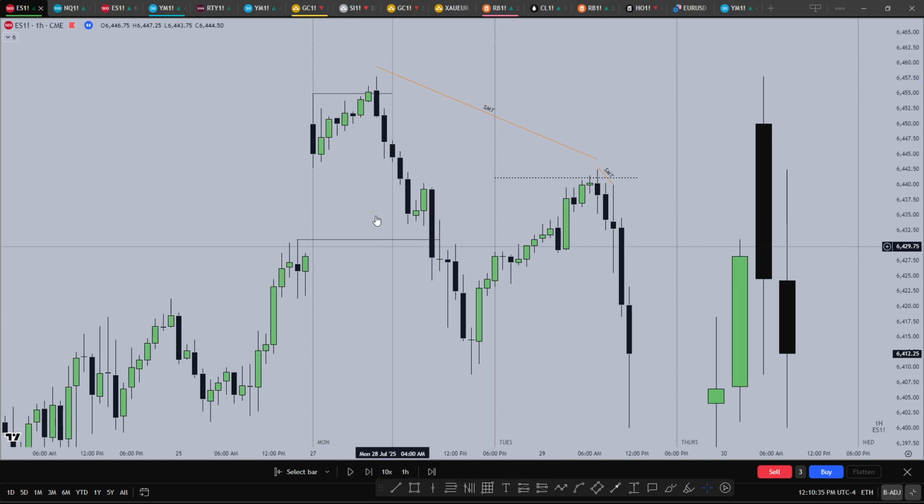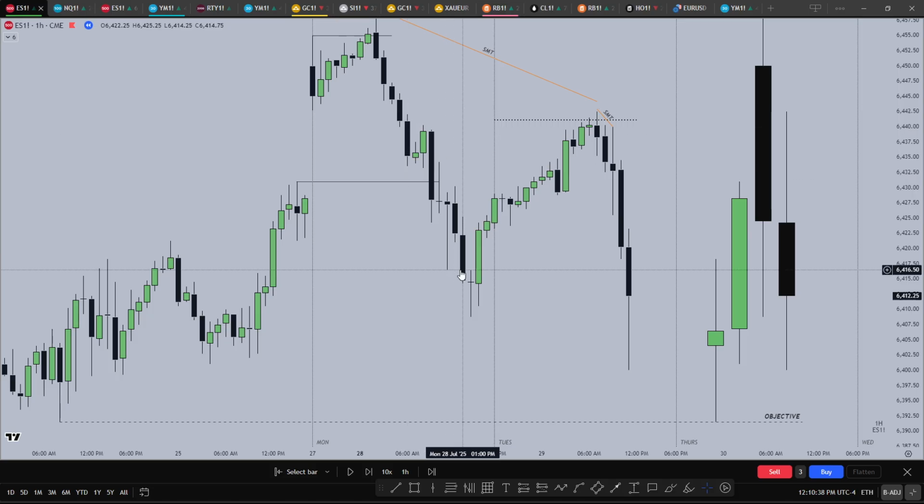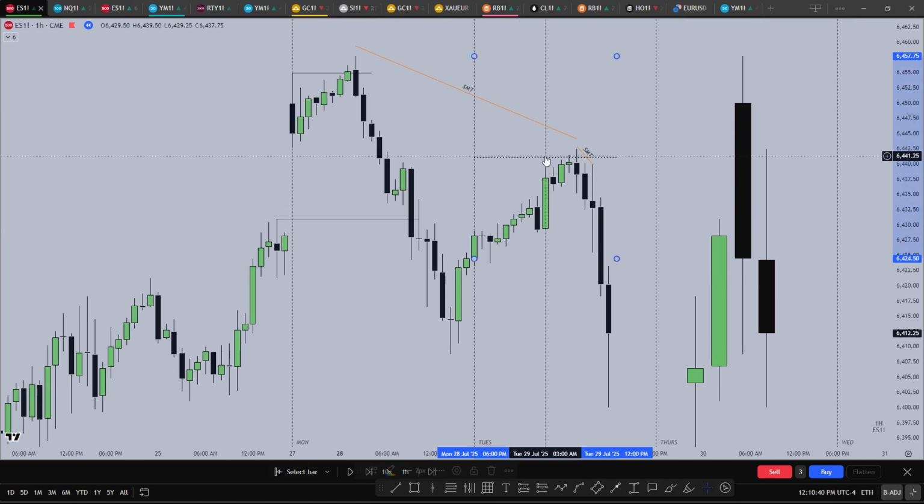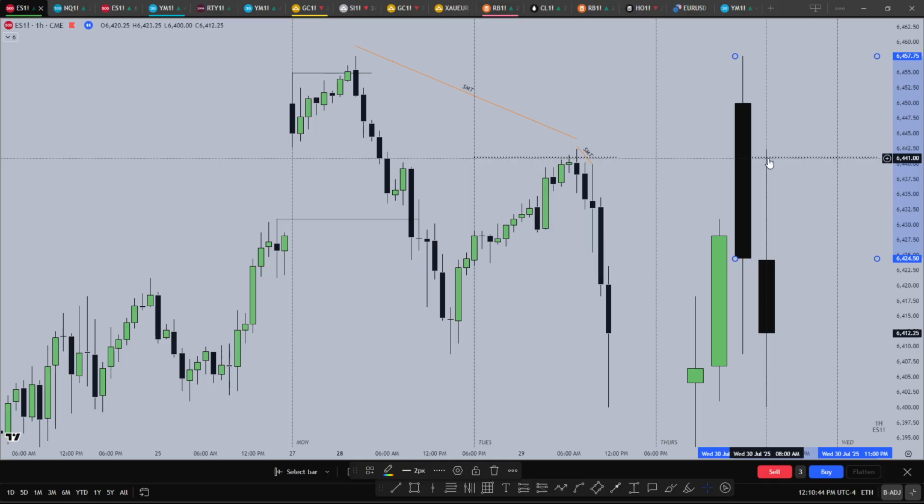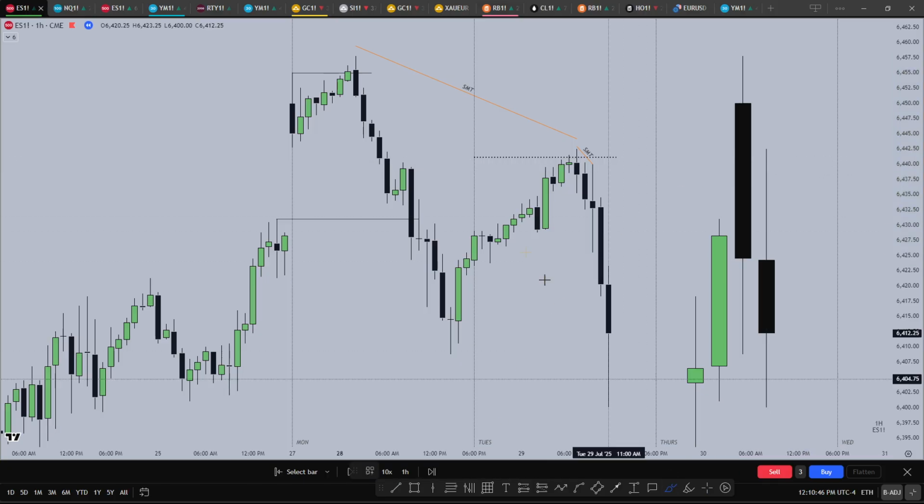I could assume Monday reversal off of previous day high, rejecting off of it, and then using EQ of previous day's range. It was being respected, and NQ at the same time here swept previous day high.